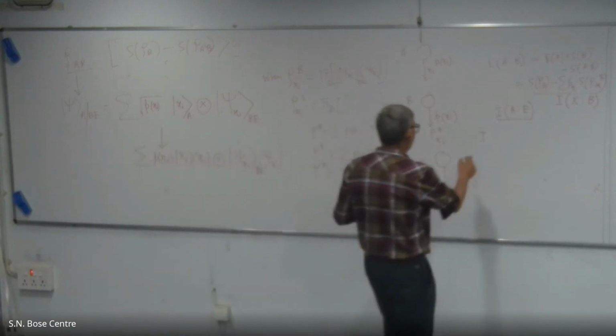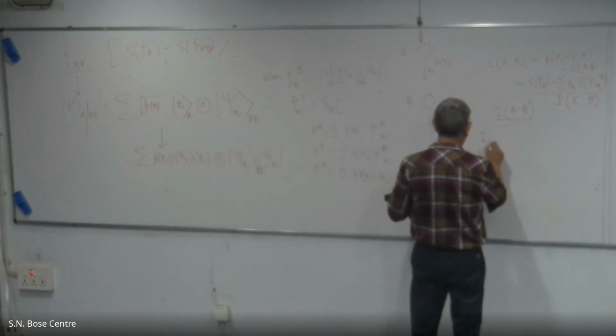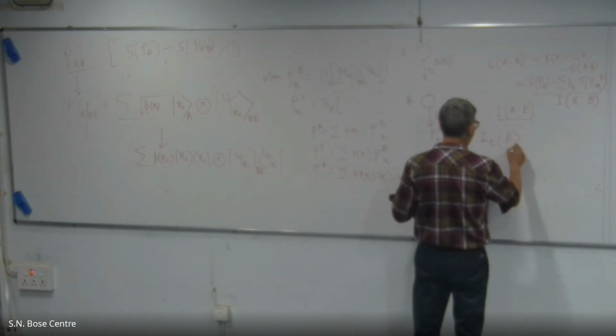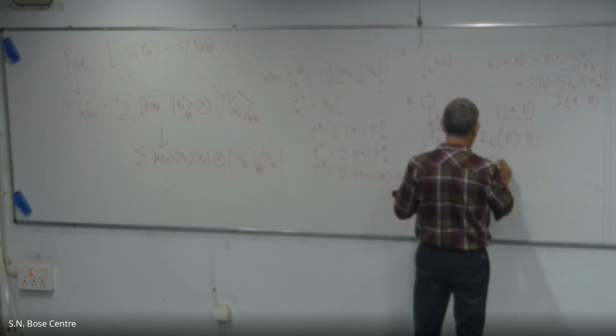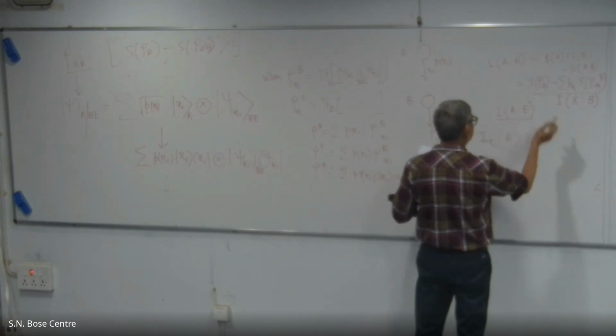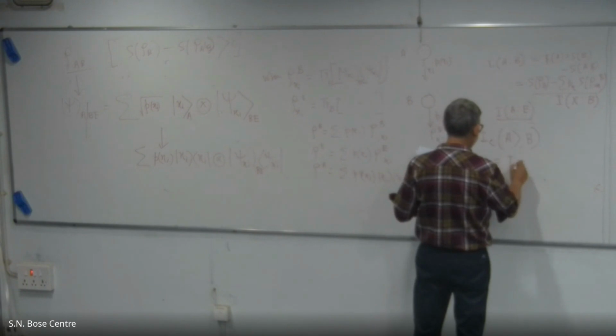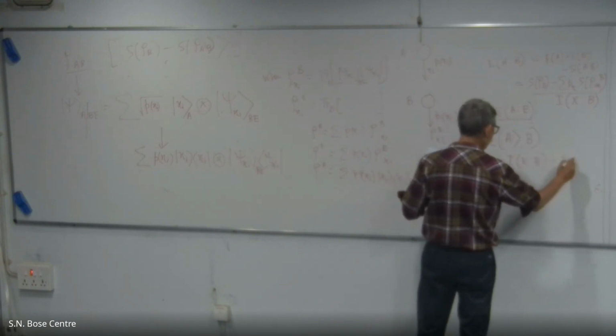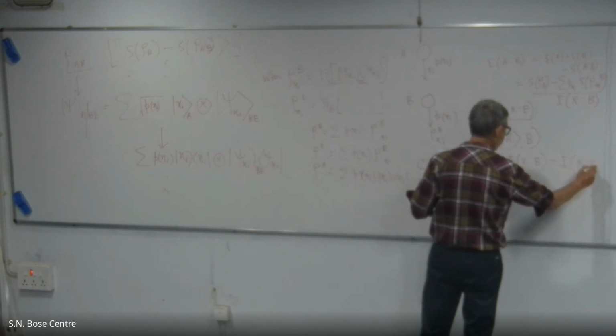Now, Holevo information is defined in this way. It has to give a direction. It is actually the difference between these two quantities.